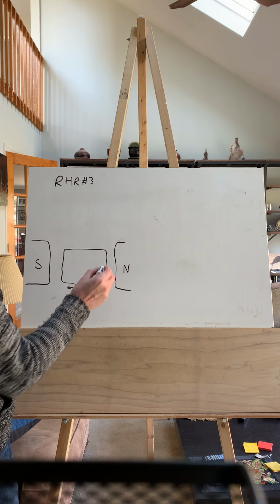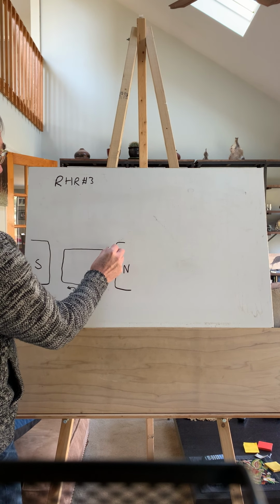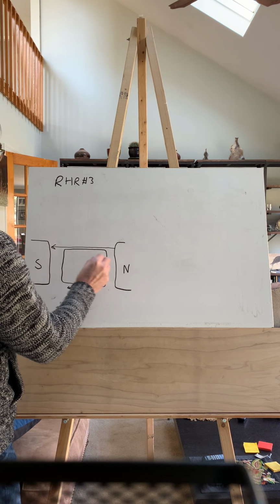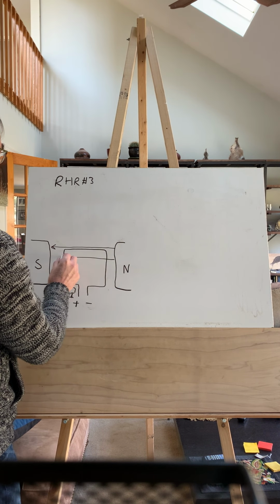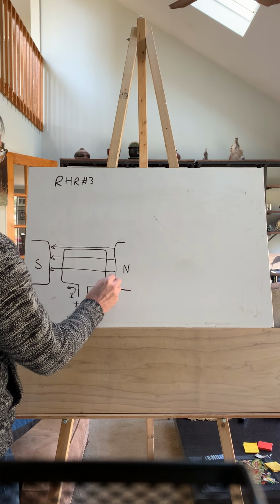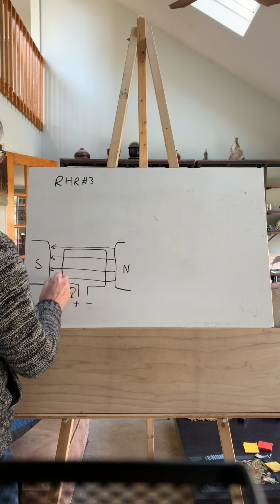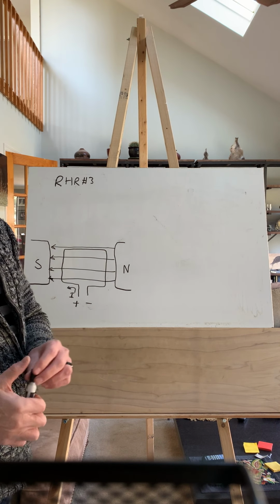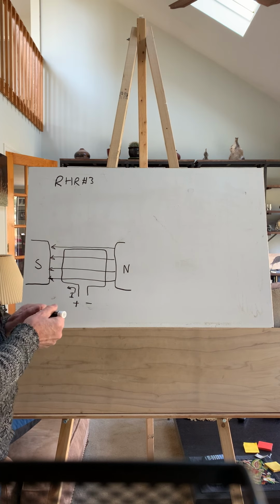Now, if we do that, we're going to get a relatively uniform magnetic field between them that goes from north to south. That's our externally imposed magnetic field, which is what we need for right-hand rule number 3.